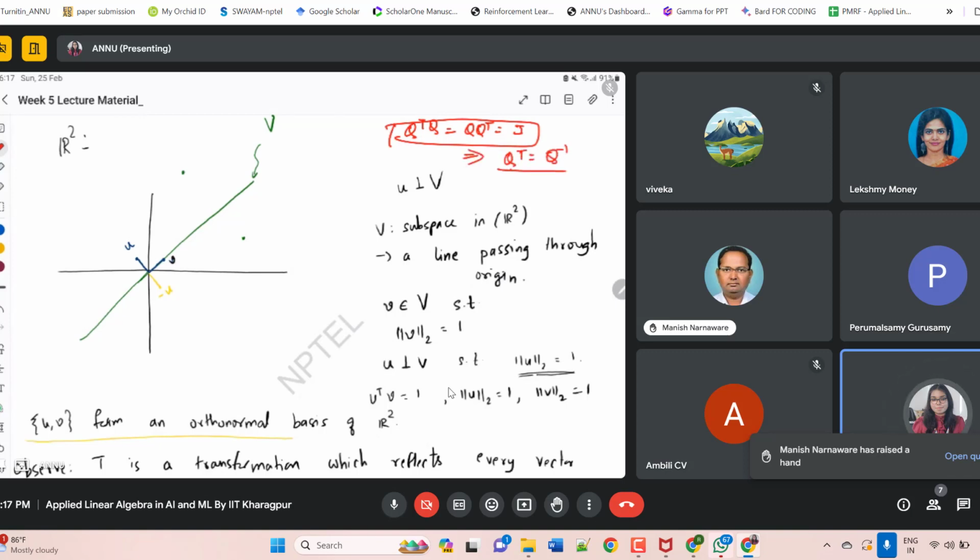This property helps us in many ways, so that is one of the main reasons to change into QR decomposition. We saw that QR decomposition is also called Gram-Schmidt orthogonalization.